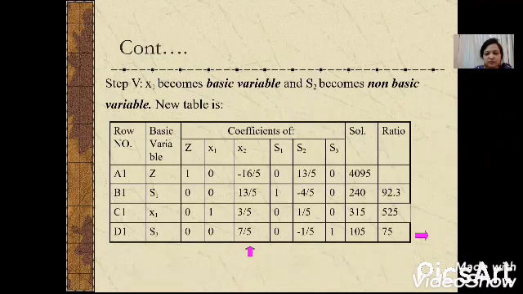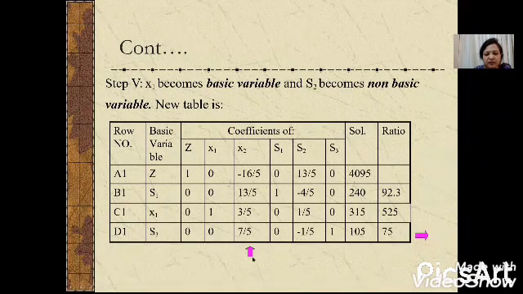After doing this, we get the new table. So now x1 becomes a basic variable. It entered into the table and replaced s2, and s2 becomes a non-basic variable. So now we get the table in this form.